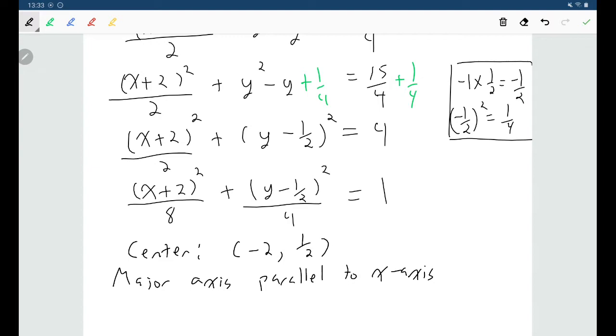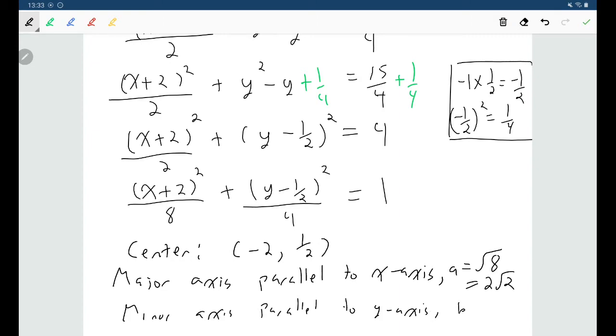And a would be the square root of 8, which in simplest terms is 2 root of 2. And the minor axis is going to be parallel to the y-axis. And b should be the square root of 4, which is 2.